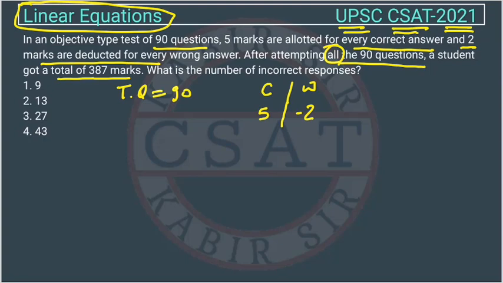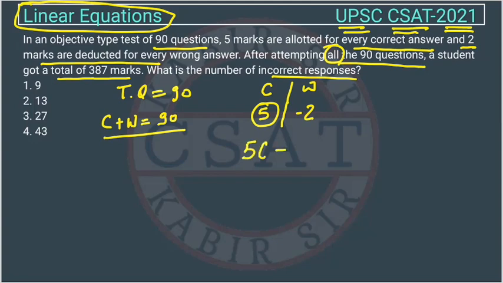So what is the number of incorrect responses? Correct plus wrong will be equal to 90, because the total questions are 90. For every correct answer there are 5 marks, so the total will be 5C.